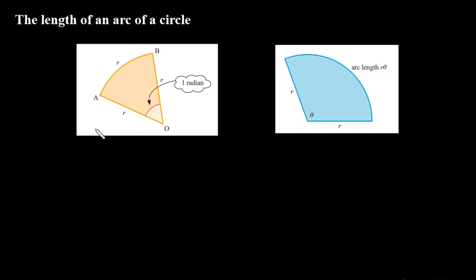And now we are going to look at the formula to find the length of an arc of a circle. First of all, we know that when you have 1 radian, the arc length would be the same as the radius.